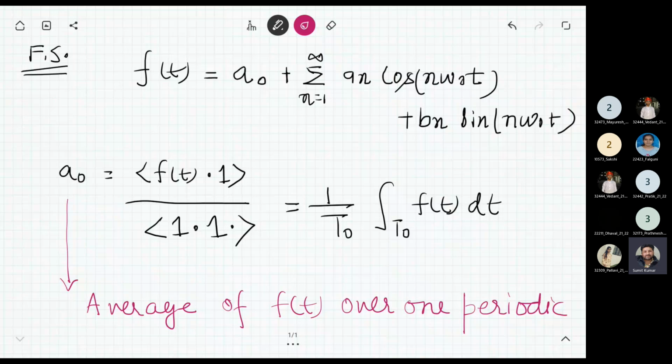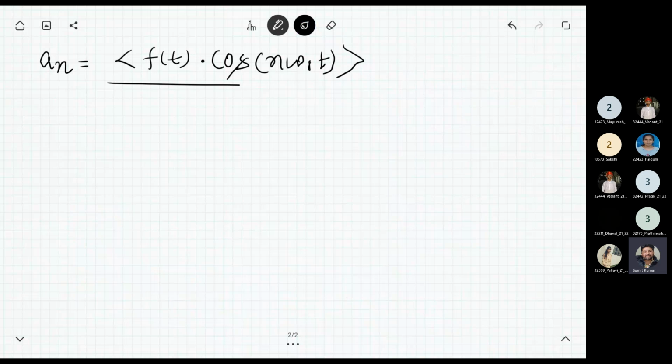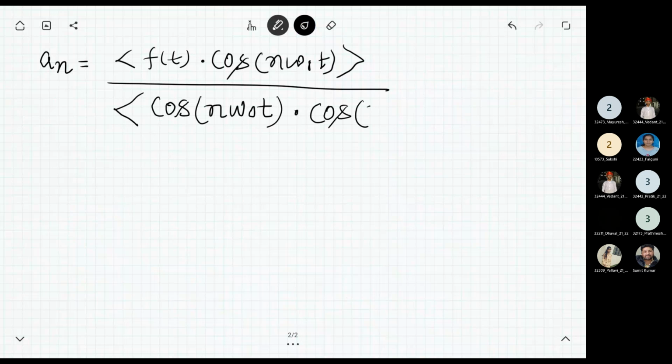Okay, so this is a naught. And after that, we realize that a n is nothing but the dot product of f(t) with cos n omega naught t, divided by cos n omega naught t dot product with cos n omega naught t, right?